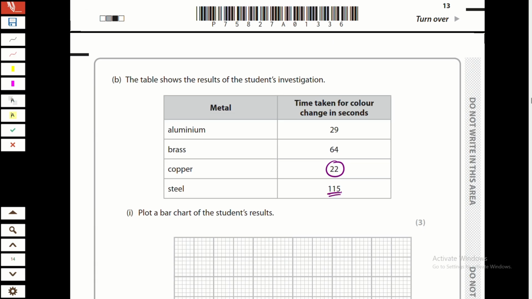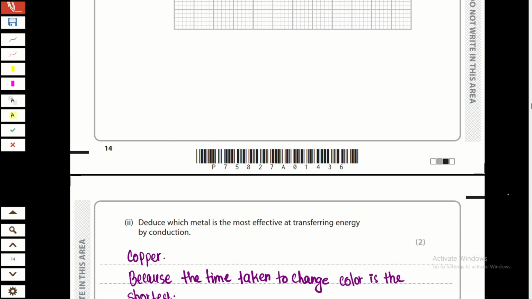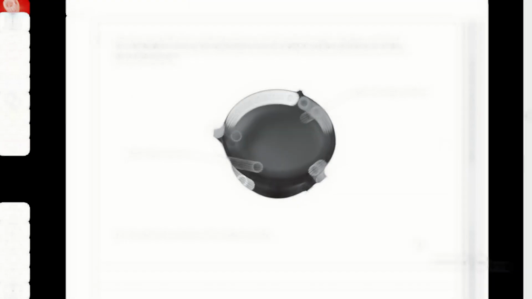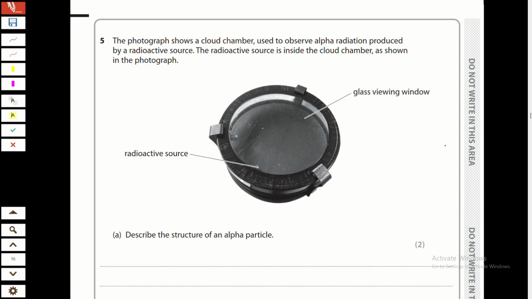And the least effective should be steel, because the time required to change color is the longest. So that's the solution for question number 4. I hope you face no problems with this question and have understood each and every part of it.